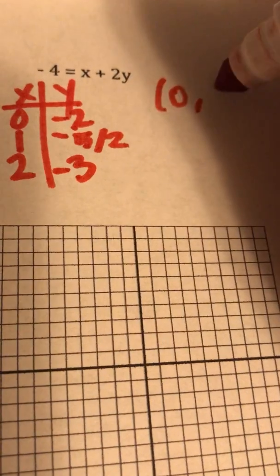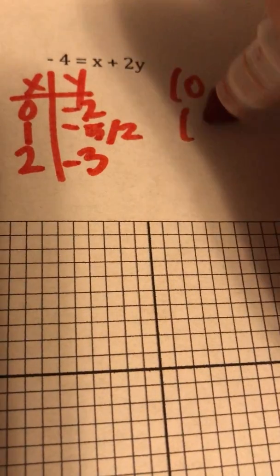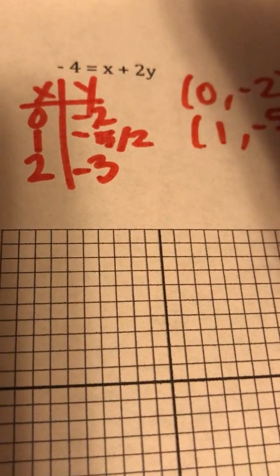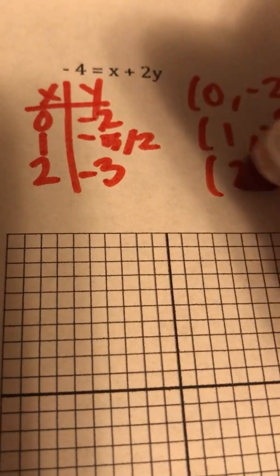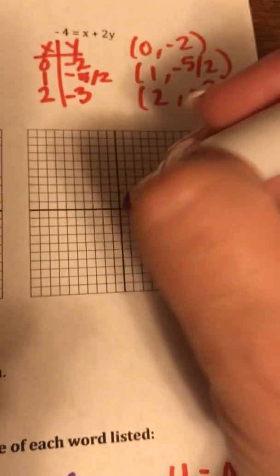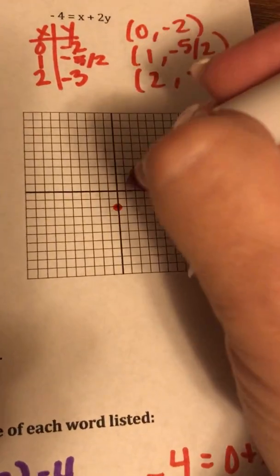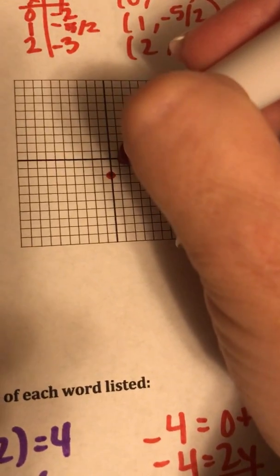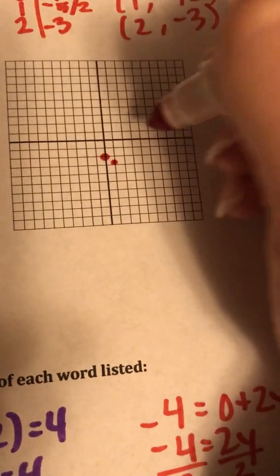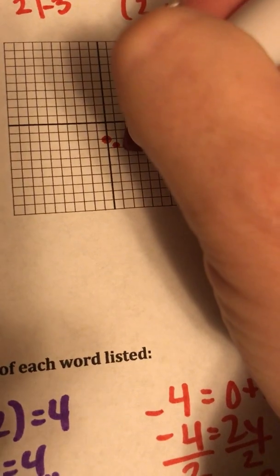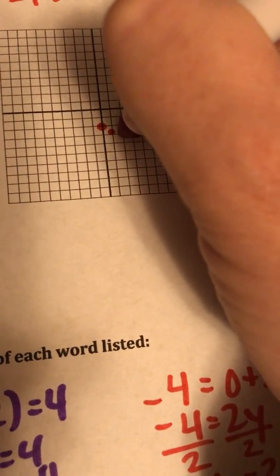All right, so again, we have our three ordered pairs. 0, negative 2, 1, negative 5 halves, 2, negative 3. And we're going to graph this. So 0, negative 2, 1, negative 5 halves, which is the same as 2.5, and then 2, negative 3.